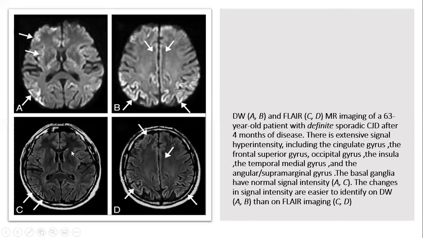The basal ganglia have normal signal intensity. These changes in signal intensity are easier to identify on DWI than on FLAIR images, as we see here.